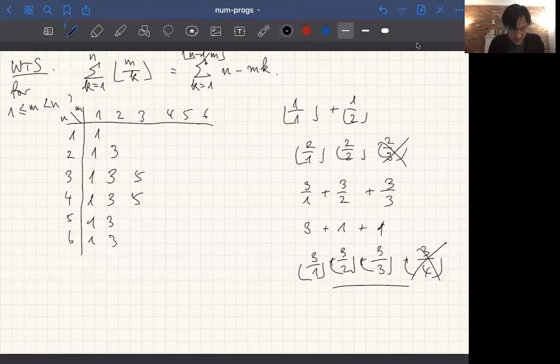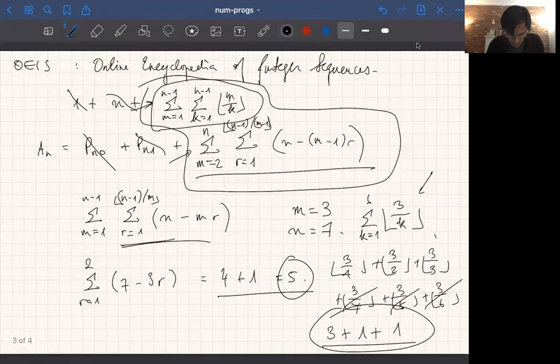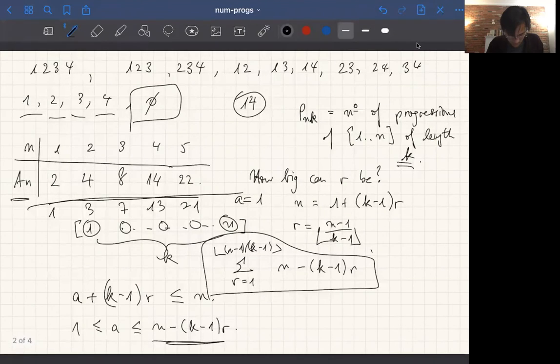And I realize that we haven't counted 0 here. Does that matter? Because of the index shifting. Oh. What are we counting wrong? It's 2, 4, 8, 14.